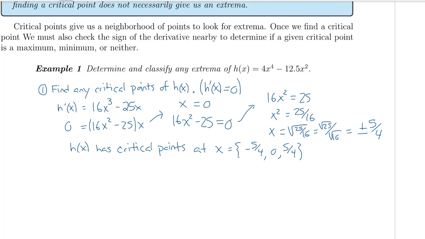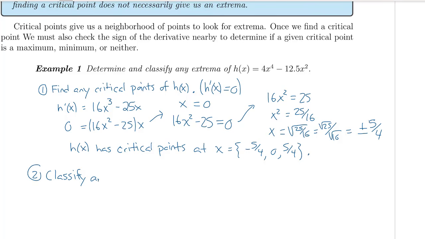All right, so great. That tells us where the function flattens out, but that doesn't tell us enough information to know if there are maxima or minima at any of these places. So this is where looking to the left and to the right of these critical points and checking the sign of the derivative, this is where we need to do that. So I would call this classifying.